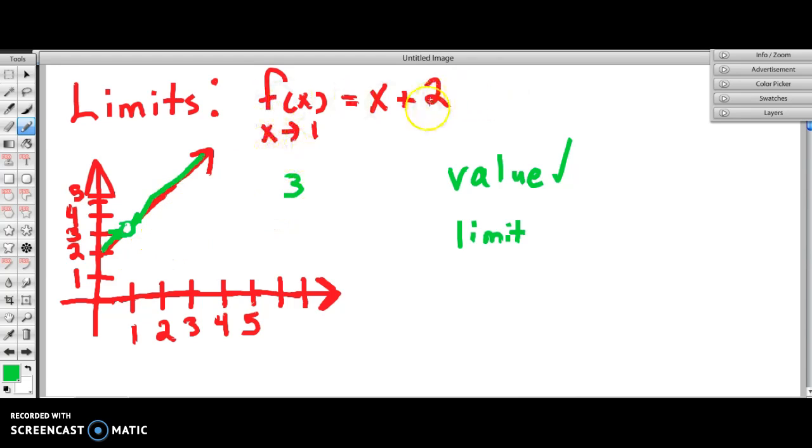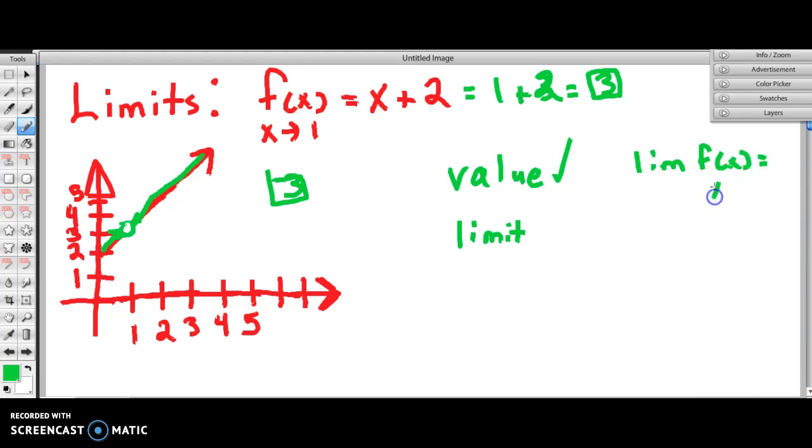And that's just looking at the graph. Now, algebraically, if I just put 1 for x, 1 plus 2, then the answer is also 3. So I can conclude that the limit as x, which is x plus 2, approaches 1 is 3.